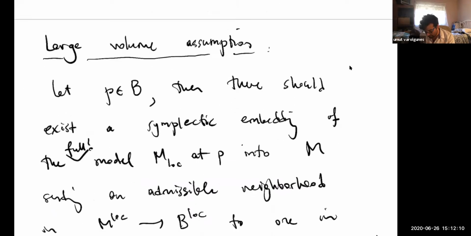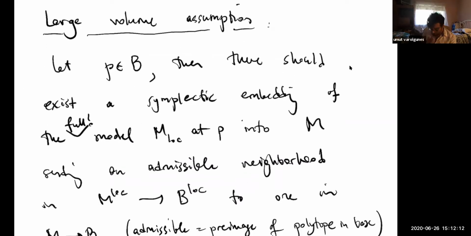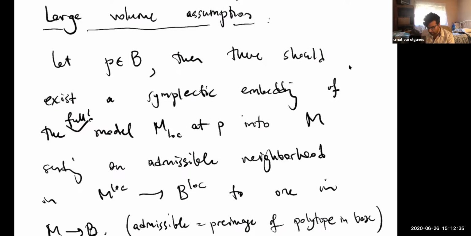Okay, so now what is the large volume assumption? For every point in the base of this global fibration, I can associate to that point a model. And the full model, which is a complete Liouville manifold, should have an embedding into M. I will give an example.